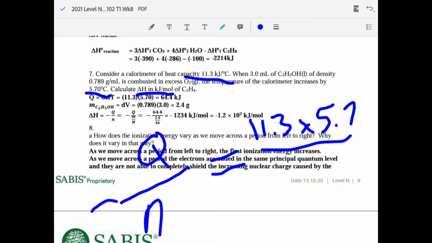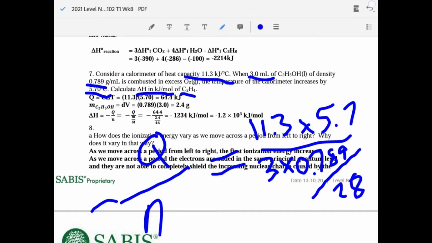5.7 over n, so it's 3 milliliters, density like that, and then with C2H4. So n is mass over molar mass, and then mass is density times volume, so 3 times 0.789 over the molar mass, which is 28, because C2H, it's not 28, the 28 is for C2H4, but C2H5OH is what we have to calculate.